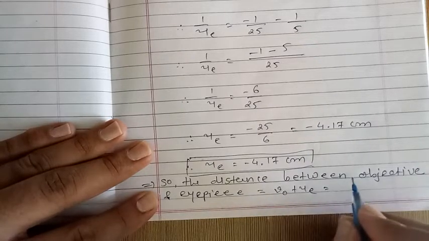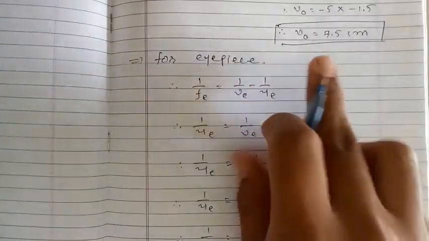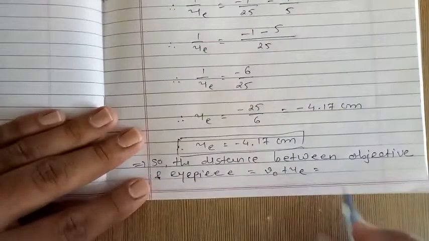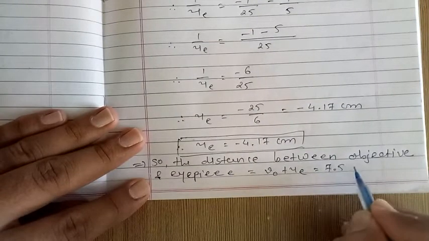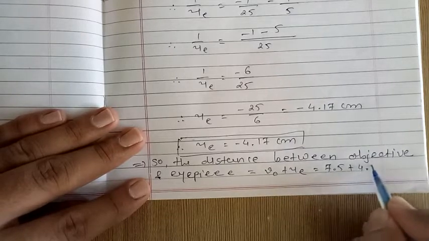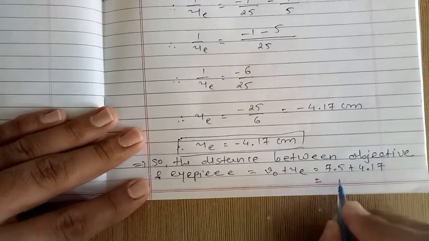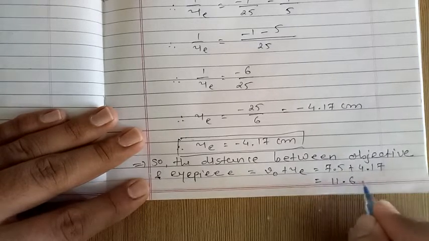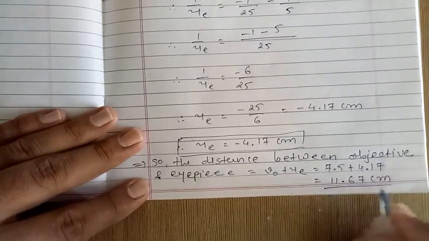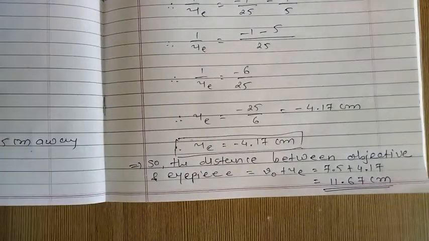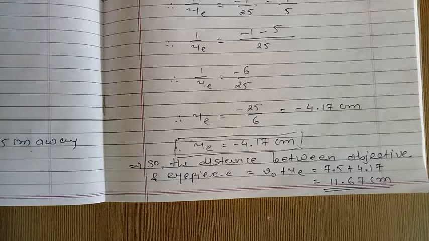Value of VO is, see here, 7.5. So 7.5 plus UE 4.17. So we get the distance 11.67 centimeter. So final answer is 11.67 centimeter, which is the distance between objective and eyepiece, right?